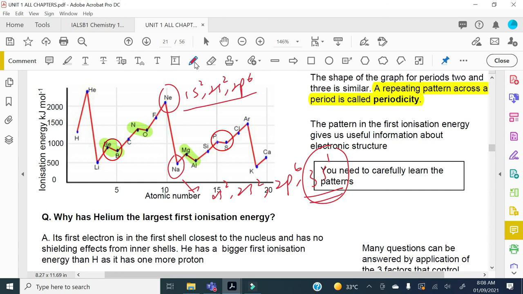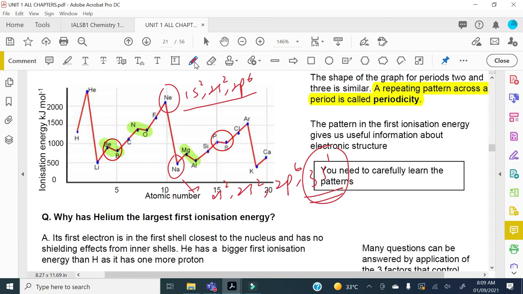When you want to break down a completely filled orbital, you have to give it much more energy. Much more energy because it is completely filled. And how much will the energy be in comparison?